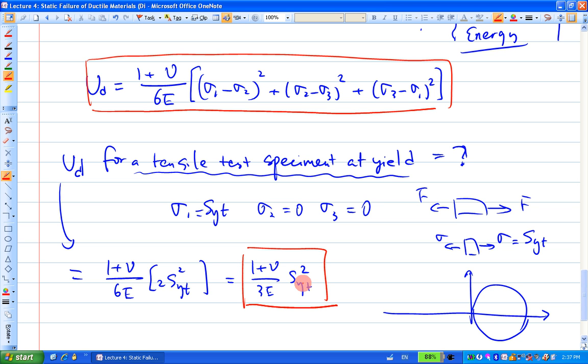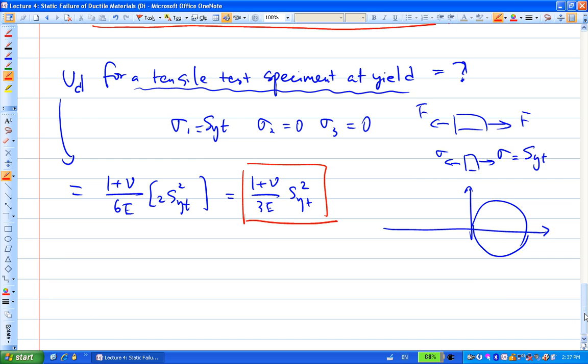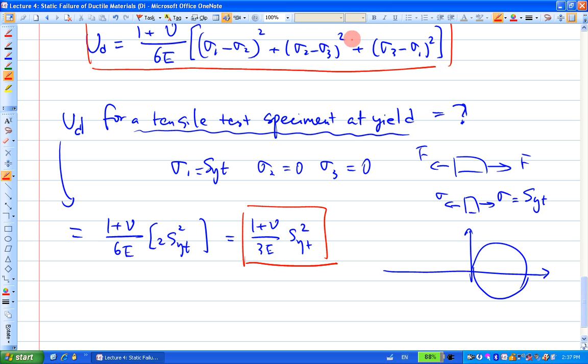Fortunately, there are some common things between these two quantities, so we can simplify a little bit. The (1 plus V) over E on both sides are all going to be gone.